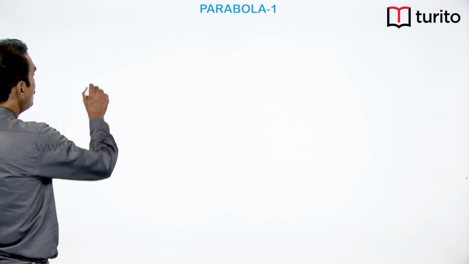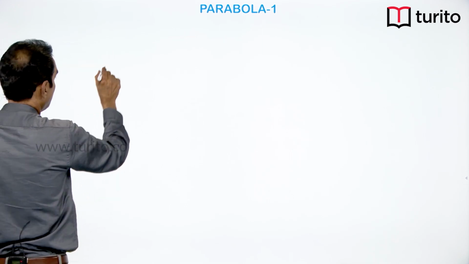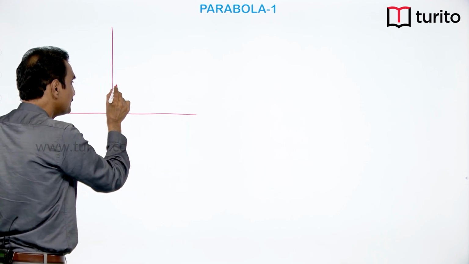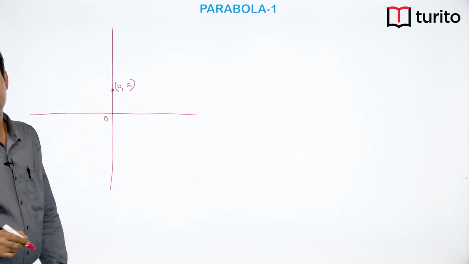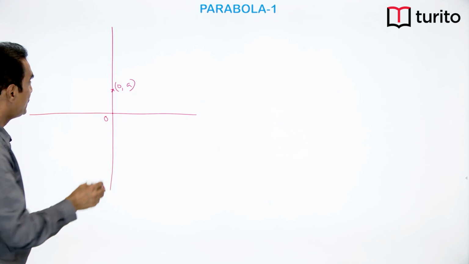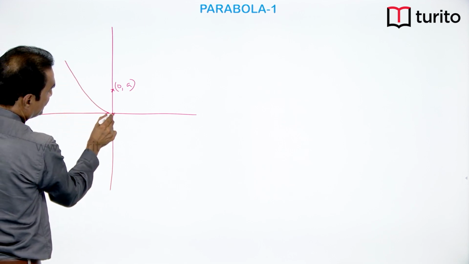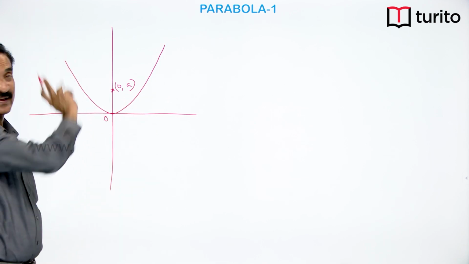Next, there is another standard form. This time I am going to take the focus on the y axis, positive y axis, (0, a), and the origin is the vertex. Then I will get the parabola like this, towards the positive y axis.